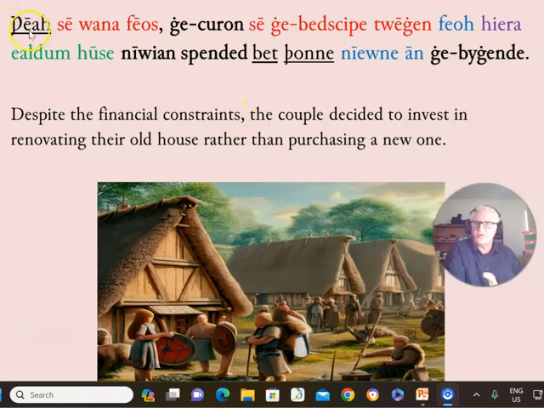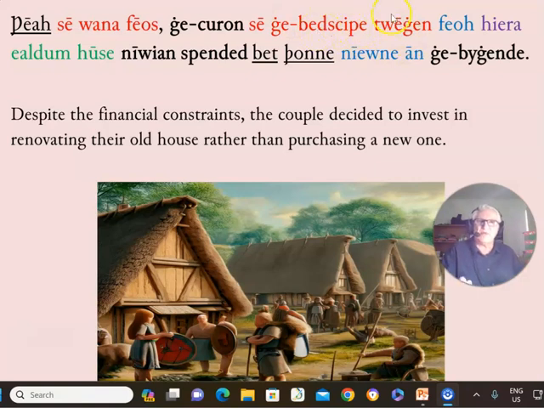There, despite, although, despite the financial constraints. Okay. Decided the couple, your bedshipper, like friendship, marital, cohabiting couple, two of them to weigh in.